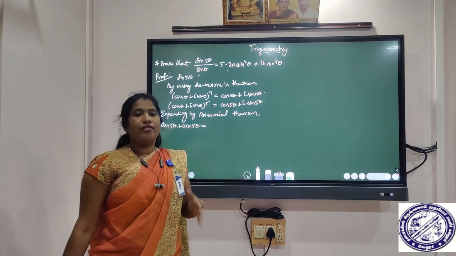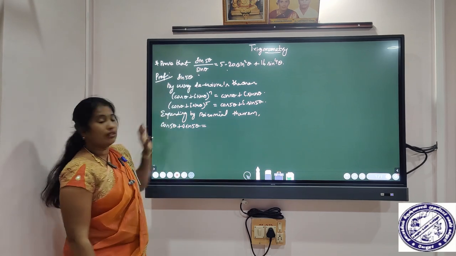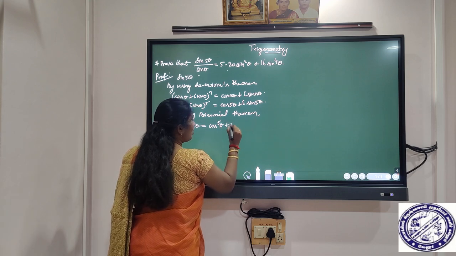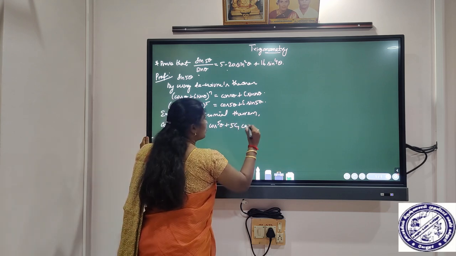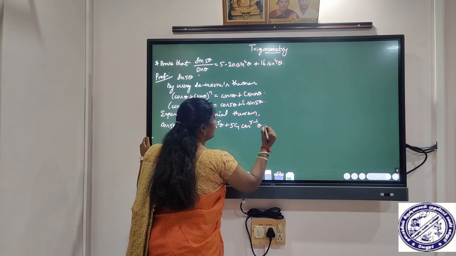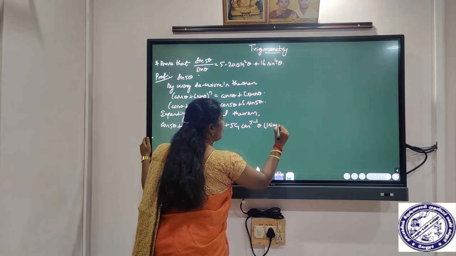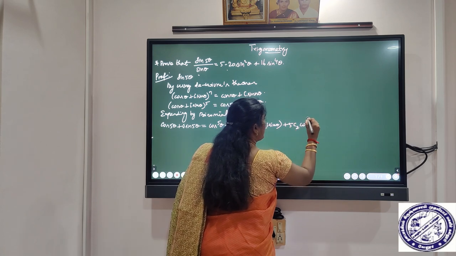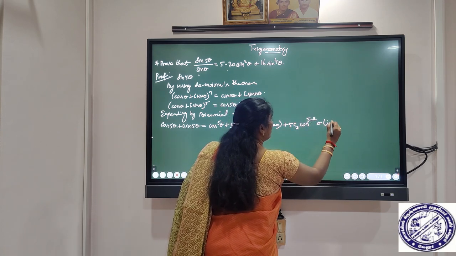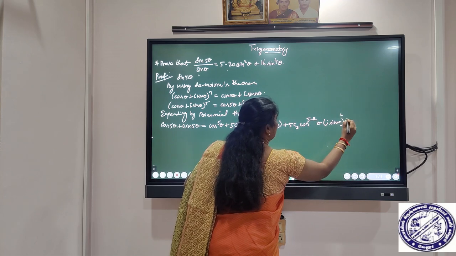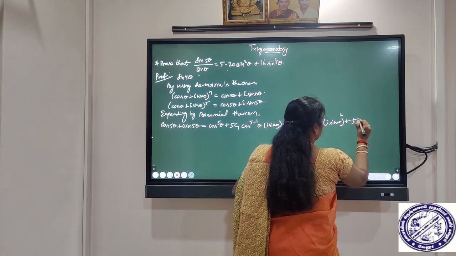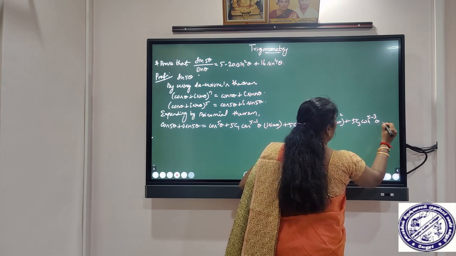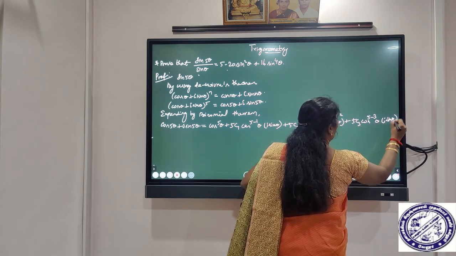Now I am going to write 5, because 5 is given in the question. So cos power 5 theta plus 5C1 cos power 5 minus 1 theta i sin theta plus 5C2 cos power 5 minus 2 theta into (i sin theta) the whole square plus 5C3 cos power 5 minus 3 theta (i sin theta) the whole cube.